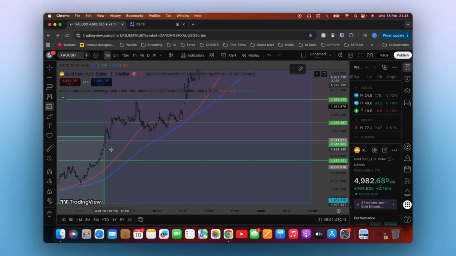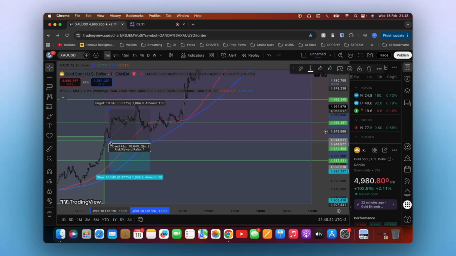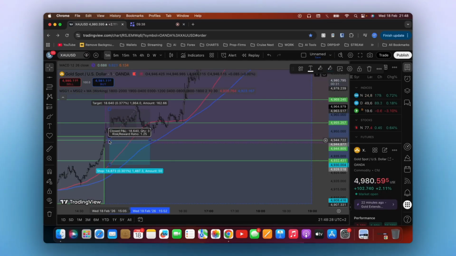Okay. Or you can do it manually and wait for some sort of confluence. Here we saw a rejection candle straight off of this resistance. So if I had my buy limit here, it would have been hit and the trade would be entered. But I then waited for confirmation, so the trade was a little bit later here. So I waited for that candle to close.